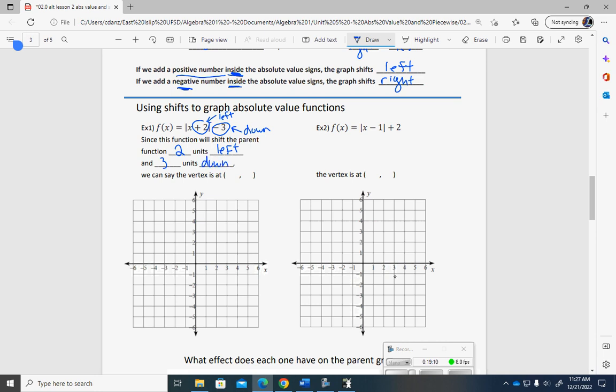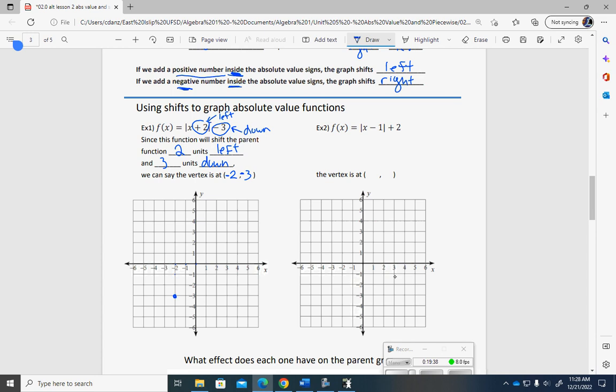So we can just use those numbers to even tell us where the vertex is. 2 units to the left would be a -2, and 3 units, I'm lying to you. No, I'm not lying to you. 2 units to the left would be a -2, and 3 units down would be a -3. So from the origin, 2 to the left, 3 down.